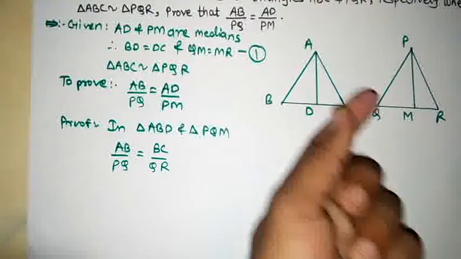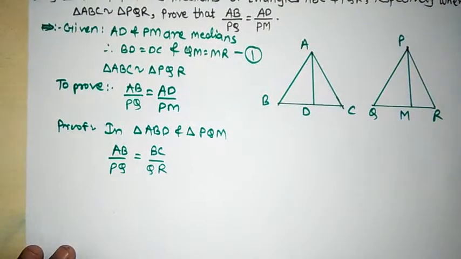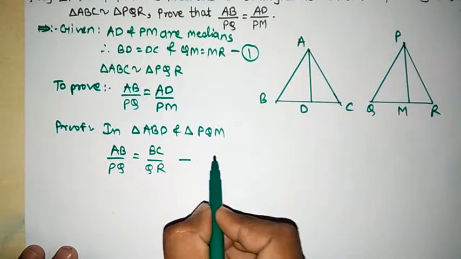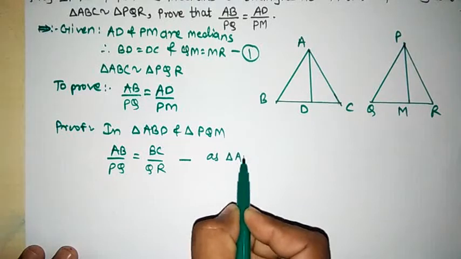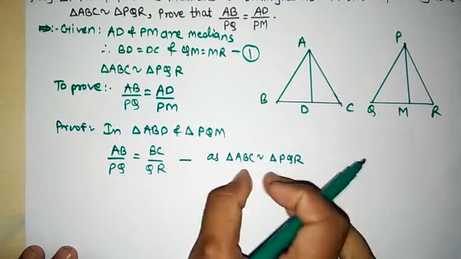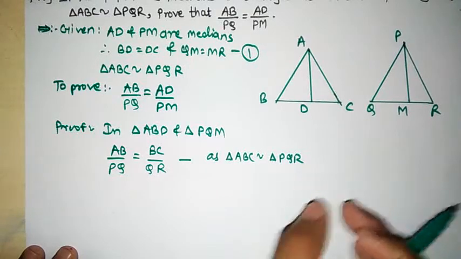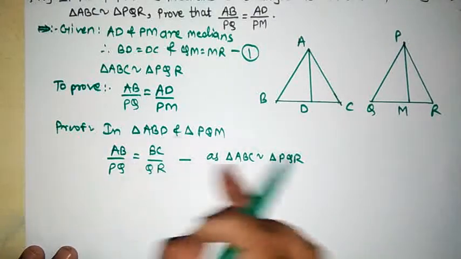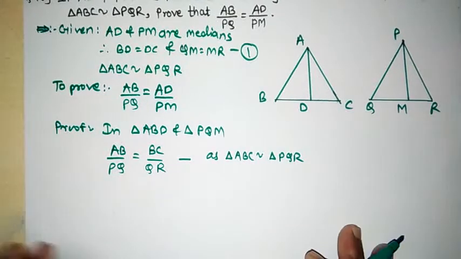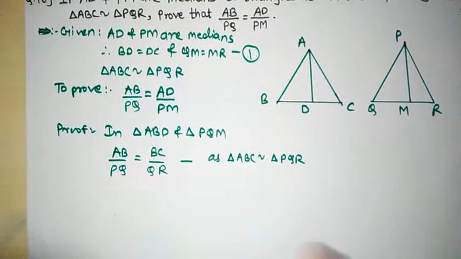What is the reason? As triangle ABC is similar to triangle PQR, it is given data. Therefore, we can take the ratios AB by PQ is equal to BC by QR. That is corresponding parts of similar triangles. We got these two ratios are equal.